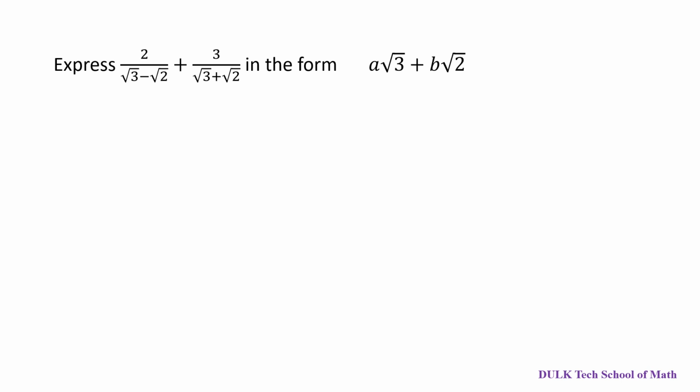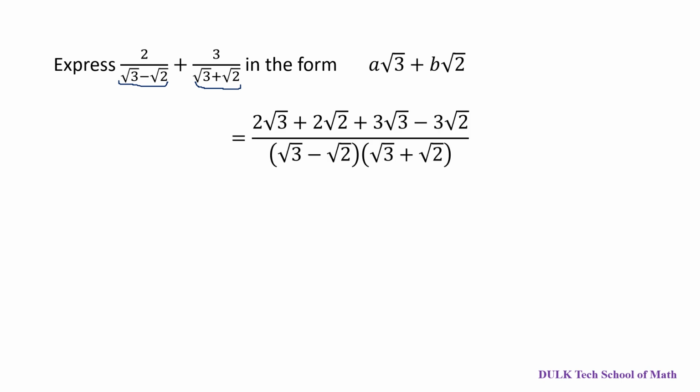If you look at these two denominators, the first one is the conjugate of the second one, or the second one is the conjugate of the first one. So there are two ways of expressing these fractions in this similar form. The first method is to rationalize the denominators separately, then we simplify. Then the second method, that's the one that we are going to use here, where we'll be expressing this one as a single fraction.